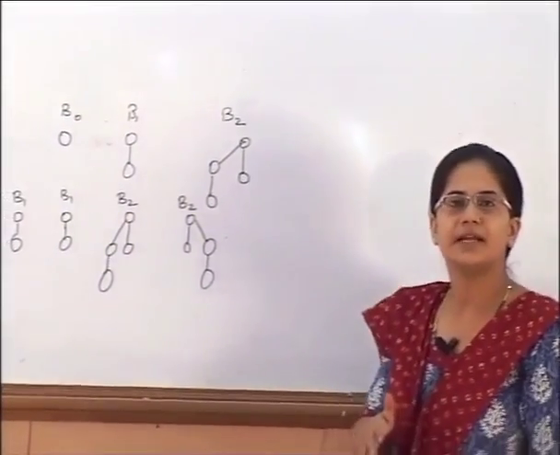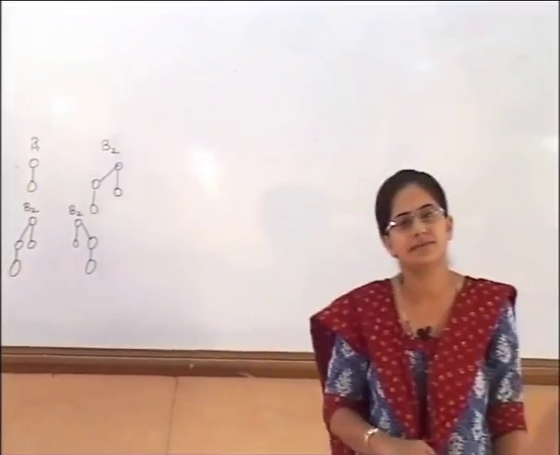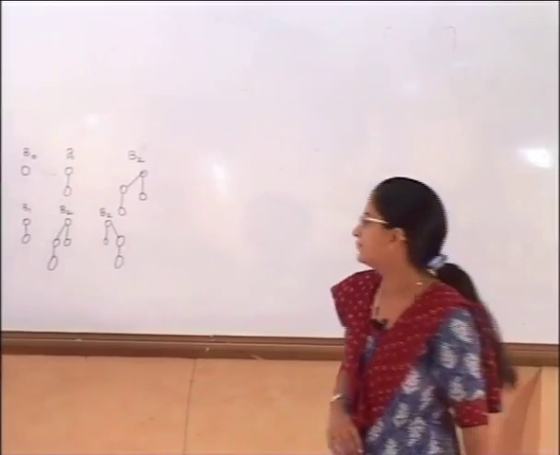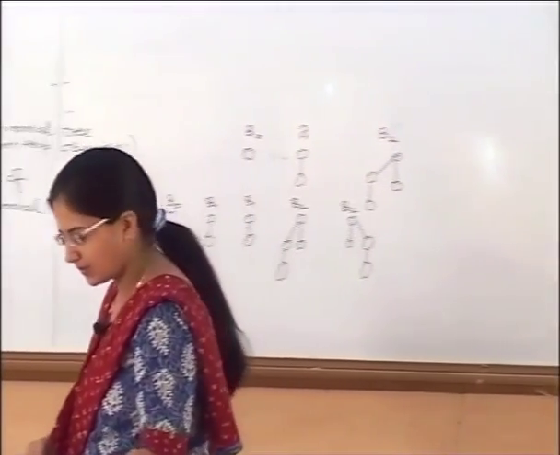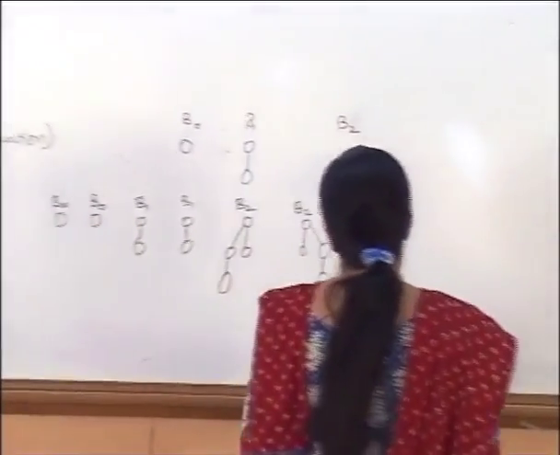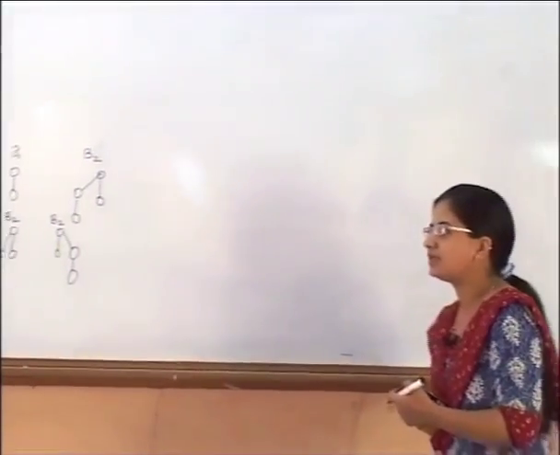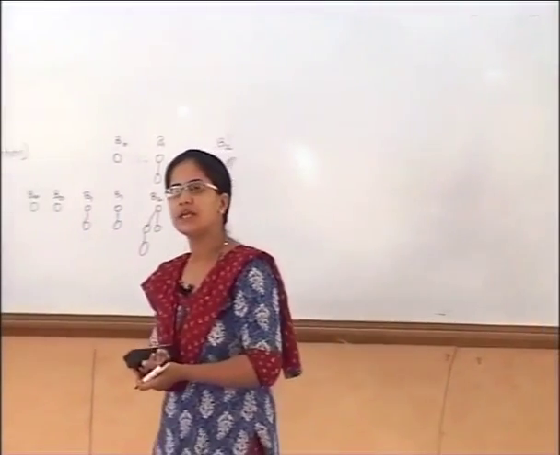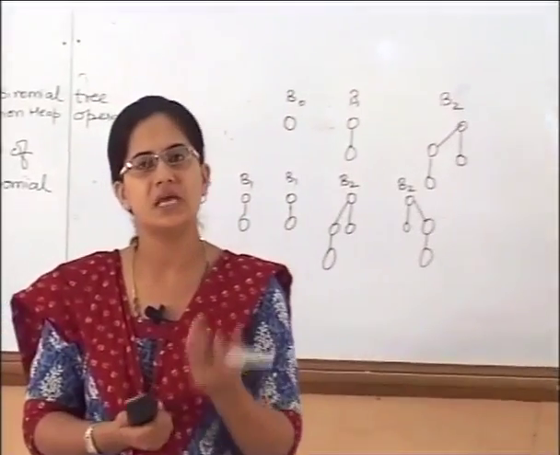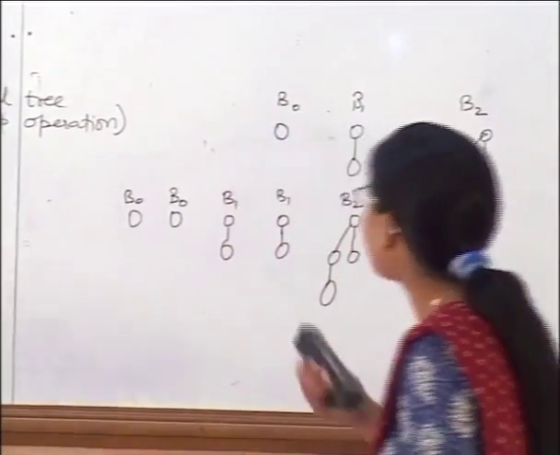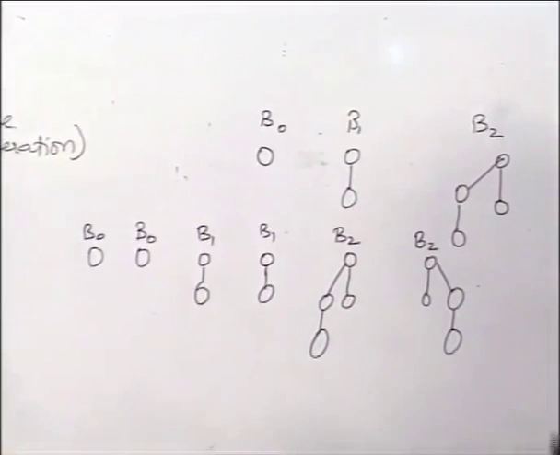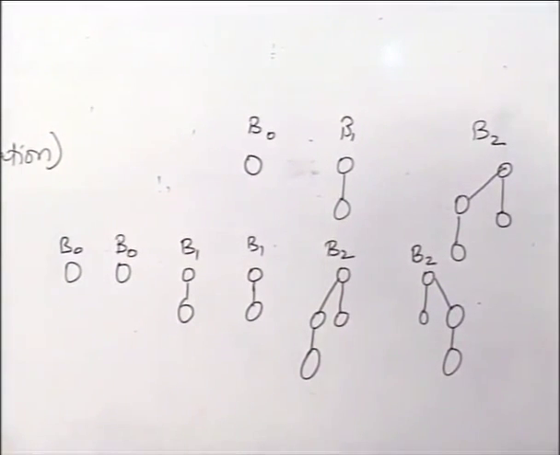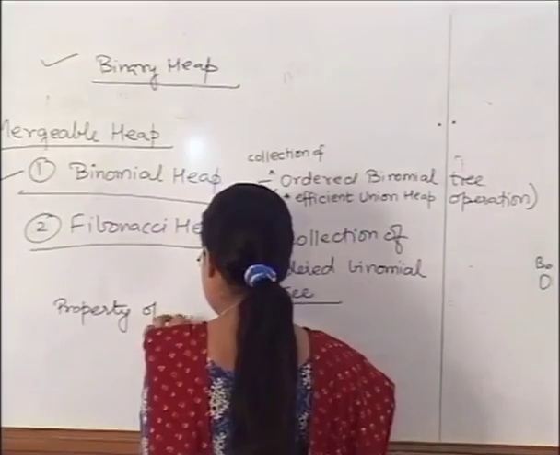It can be at the left side, it can be at the right side, no constraint is there. Again, in the unordered binomial tree, the number of nodes present in it is 2 to the power k. The degree of unordered binomial tree is again k. The number of nodes at a particular level i is again nCi, that is n factorial divided by i factorial, n minus i factorial.